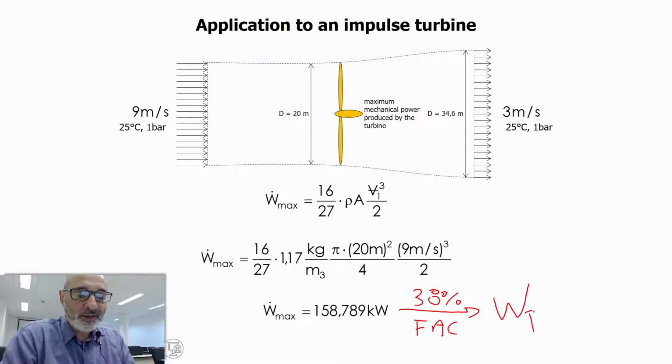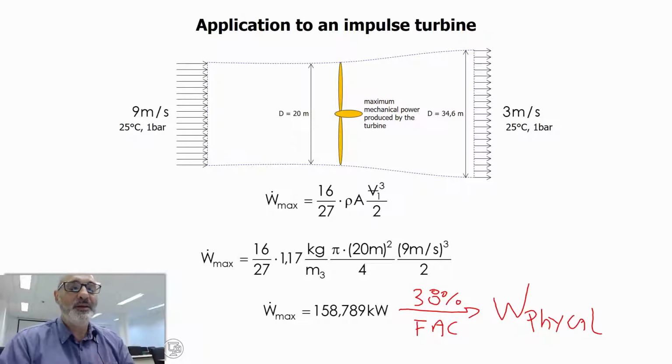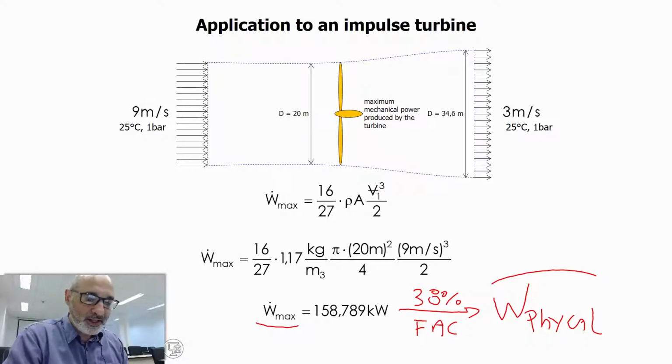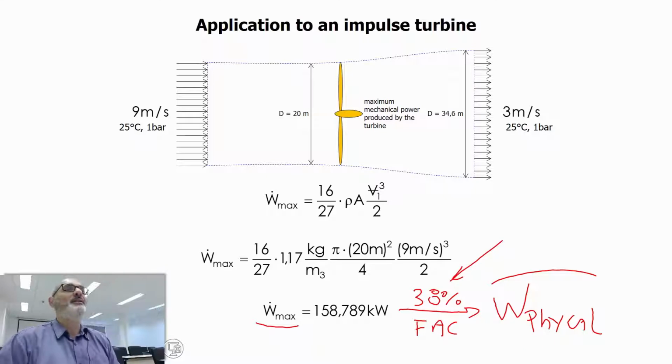So I'm going to write it in English: physical power. That's the Brazilian term. It's the average power that you can get in a year. So if you're going to sell this energy to someone, you're not going to sell the maximum number, you're going to sell this one, because that is what you can expect from this statistical number, the capacity factor.